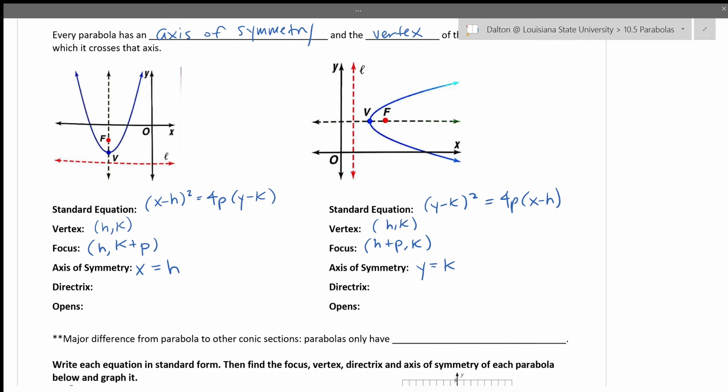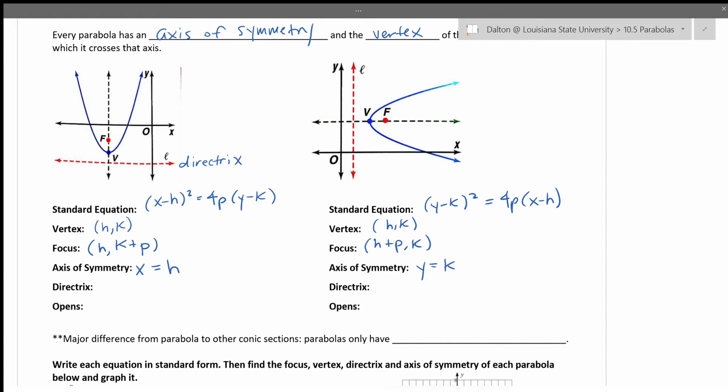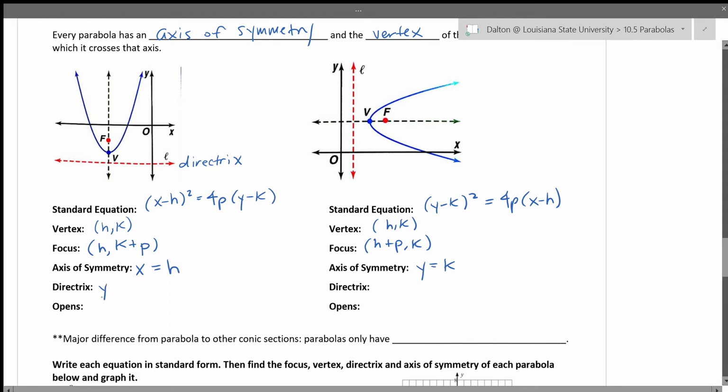Now, in both of these pictures, the axis of symmetry is the dotted black line. The directrix is the dotted red line. So this is the directrix. And in the other one, it's going to be that vertical line. The formula for the directrix for a vertical orientation is y equals k minus p.